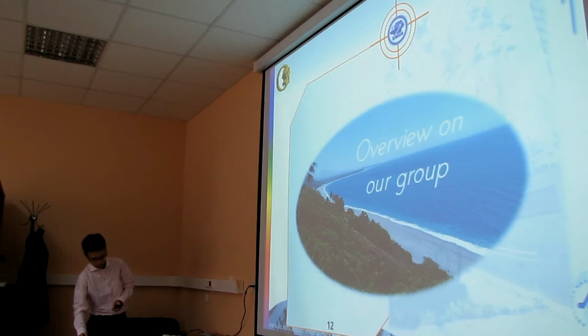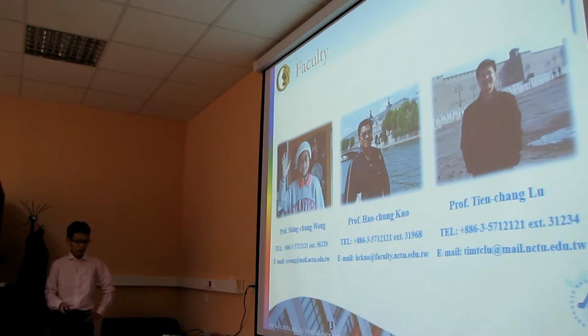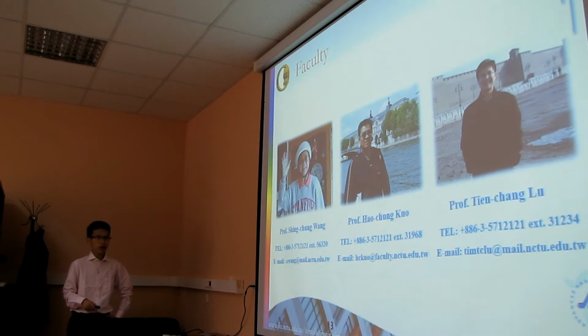Then we quickly go through our group. Our laboratory has three generations. On the left hand side is the founder of our lab, and on the right hand side, now the supervisor of our group is Professor Lu.